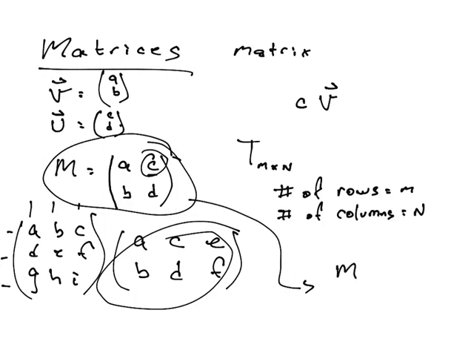So, for our matrix M here, M is a matrix which is 2 by 2: 2 rows, 2 columns. This matrix, this M, would be 3 by 3. This one, if this was M, this would be 2 by 3, and so on. So a matrix has the size: number of rows, number of columns. 2 by 2, 2 by 3, 18 by 45, whatever it happens to be.